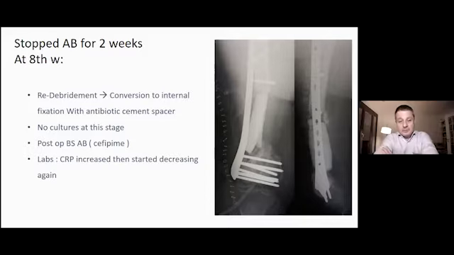I think we should take cultures at this stage, but if they are negative, same as the previous, at the time of first revision they were negative, it doesn't prove that you are infection-free. So I would treat also after internal fixation with antibiotics, just to eradicate the bacteria which still may be there.